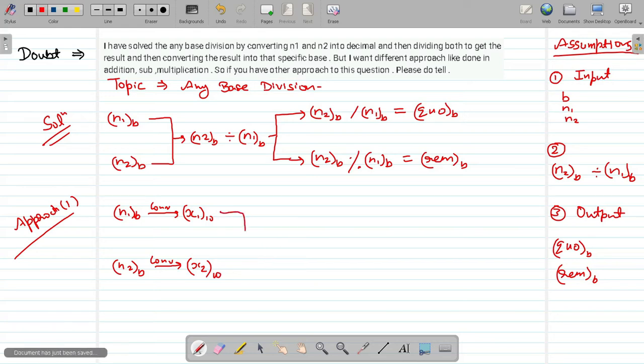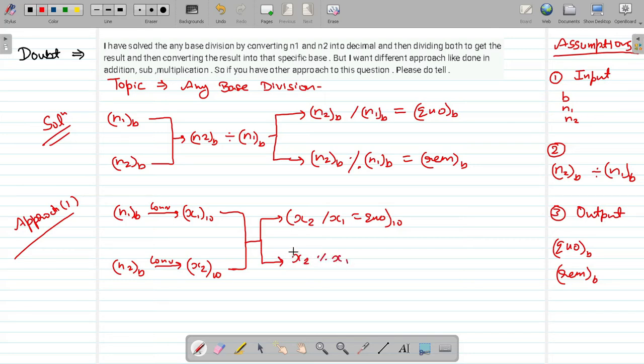Then in base 10, when we have these numbers in decimal, we can easily use our arithmetic operators on them to get the result. So x2 divided by x1 would give us the quotient but in base 10, and here also we would do x2 modulus x1, which would give us the remainder, that would also be in base 10.